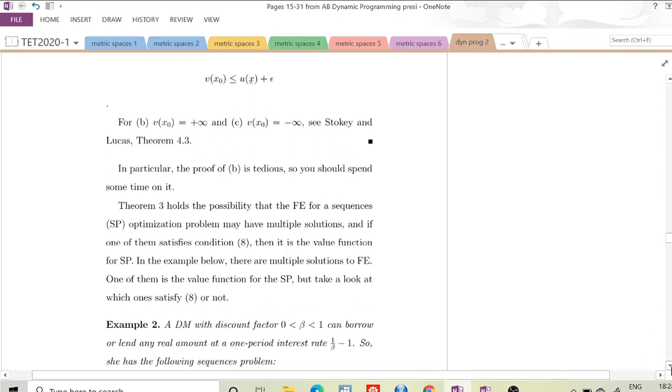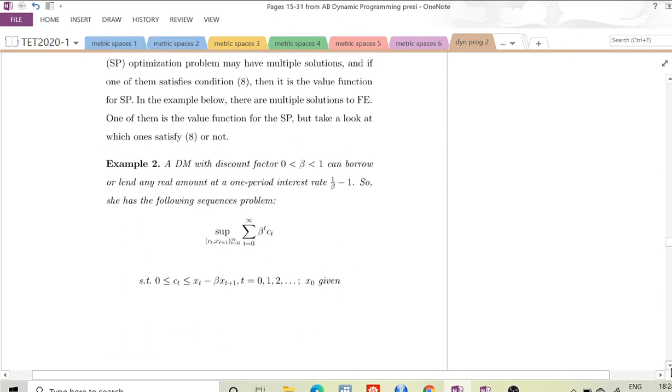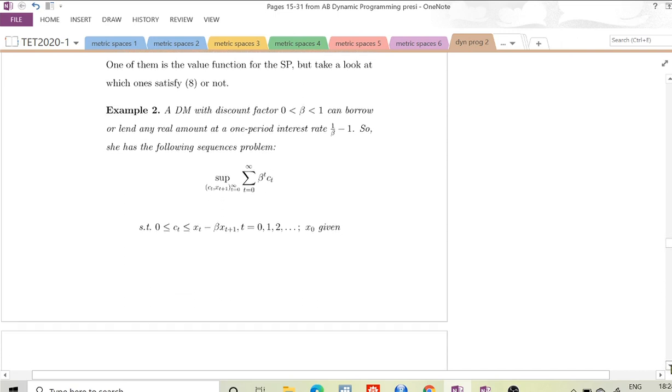So here's an example in which it's not the case: we'll find a v that satisfies the functional equation, but we'll also find a feasible plan x tilde along which the limit of beta to the n v of xn will not be 0 as n goes to infinity.